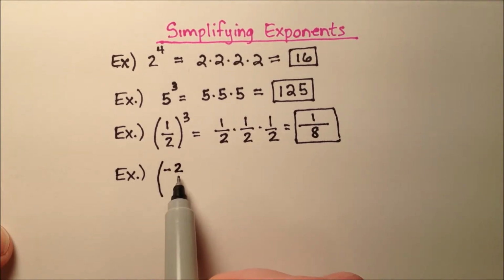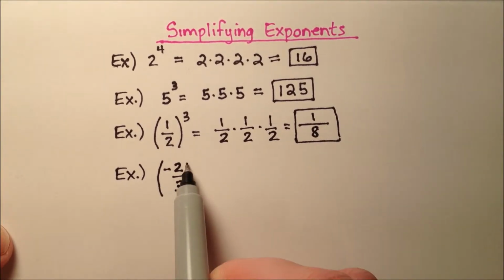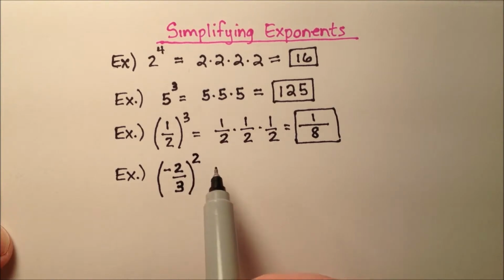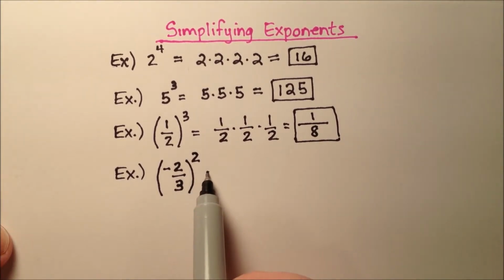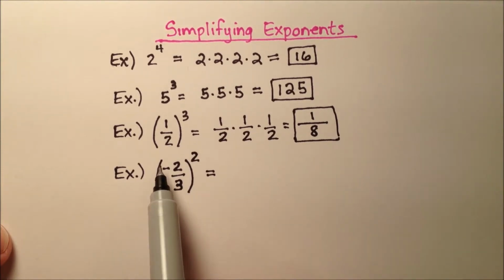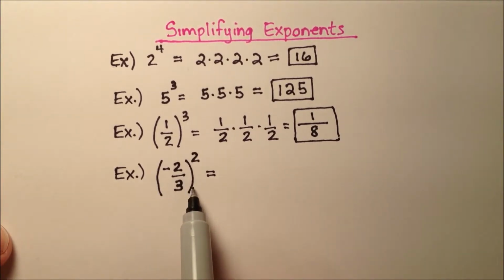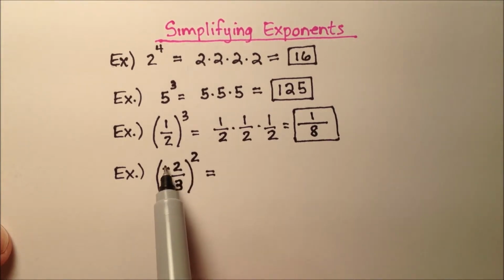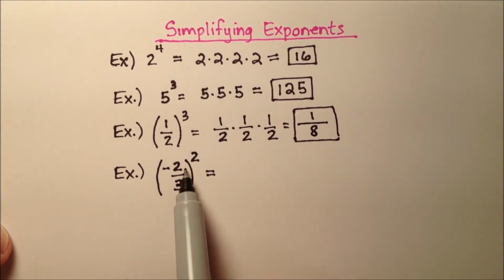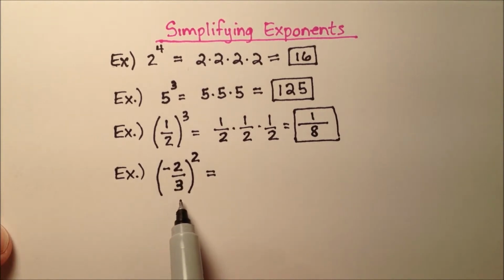Well, let's introduce a negative sign in here. Let's say we have a negative 2/3, and that quantity is being squared. Okay, so since I have these parentheses in here, that means that this squared, the exponent, is going to go to all of this stuff in here. So what am I multiplying by itself?